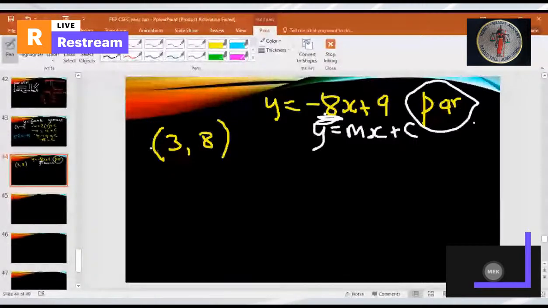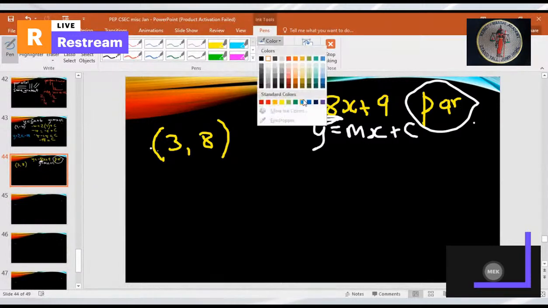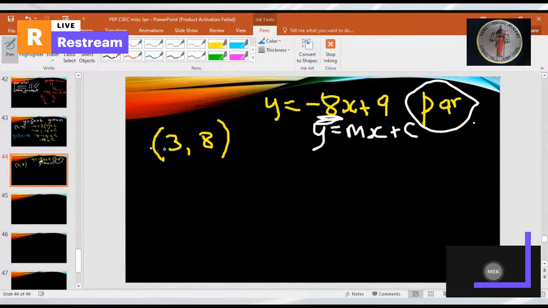So we can use that information now to plug it into this equation here to find c. And once we find c, we're going to rewrite the equation, plugging in the gradient and the y-intercept. So let's do that. We know x is 3, y is 8, and the gradient is -8.